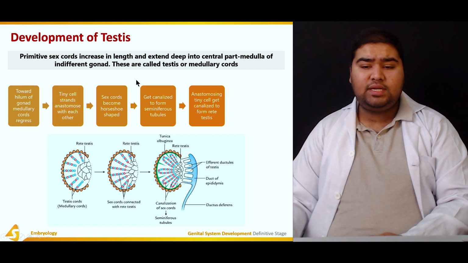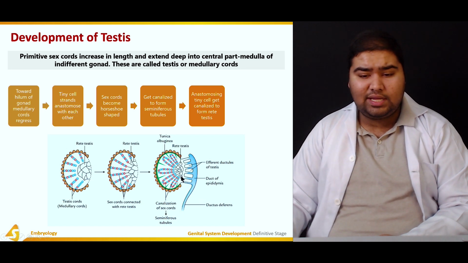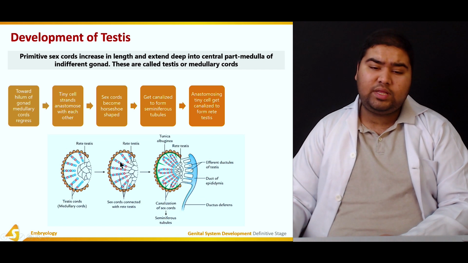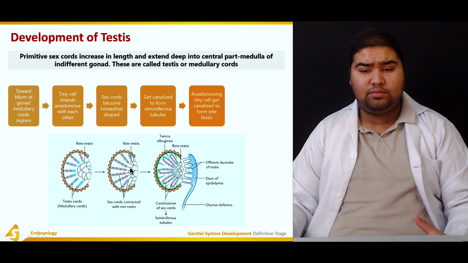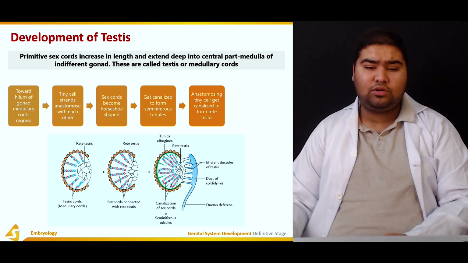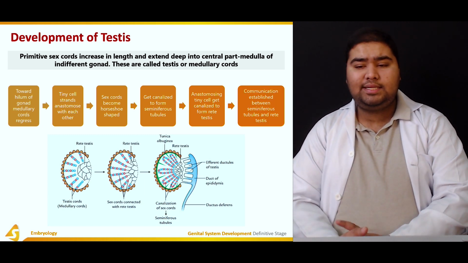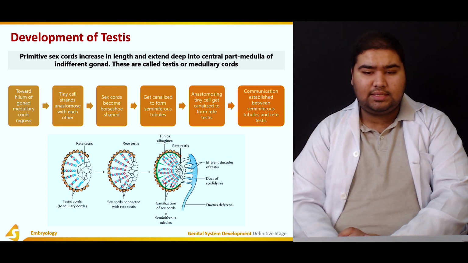So anastomosing tiny cells get canalized to form the rete testes. Here you can see these are the anastomosing tiny cells which anastomose with these medullary sex cords. As a result of this anastomosis, the rete testes, that is the communication between the two, has been formed. So the communication is established between the seminiferous tubules and the rete testes.